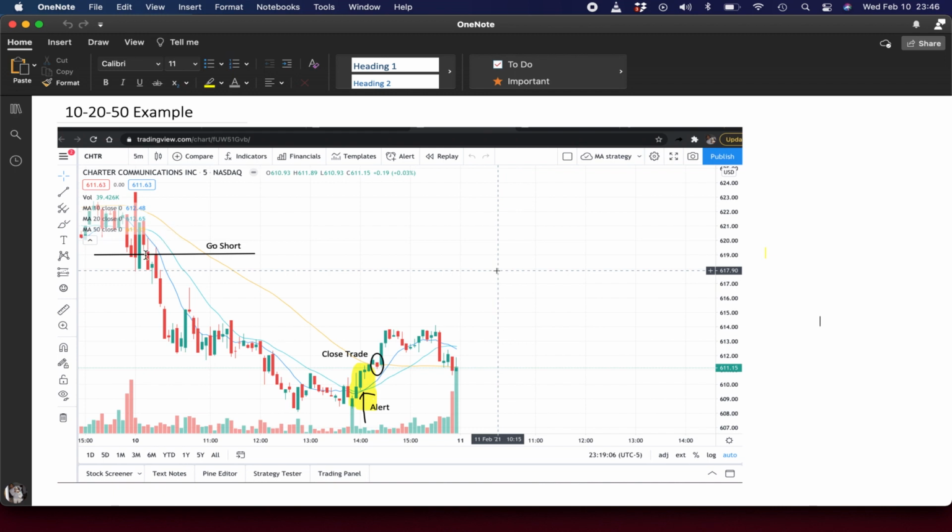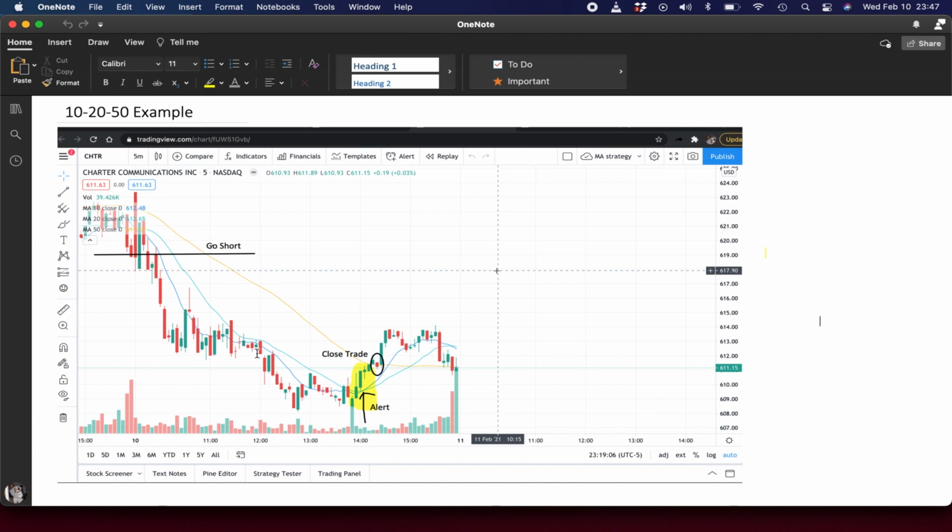Let's say I go short on the stock here. I short sell the stock at, say, $619. Although the line here is 617.9, let's say I short this at 619. Because all the three moving averages are pointing downwards, it's a great sign to go short. All right. Now what we'll be watching here is the 10 period moving average very closely.